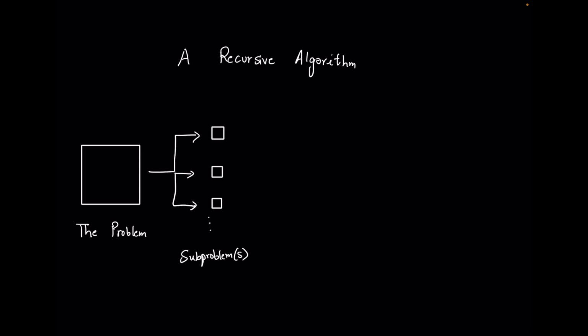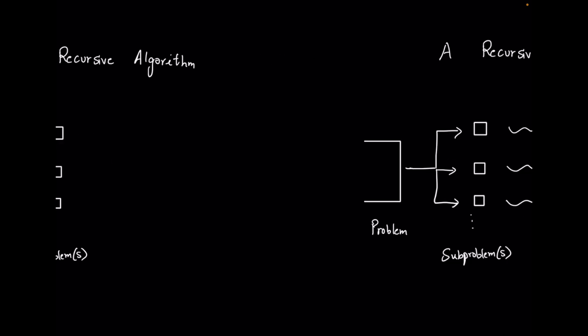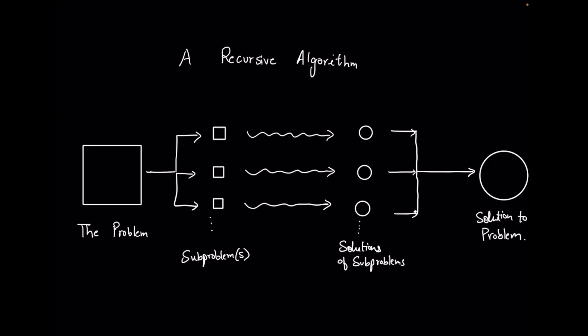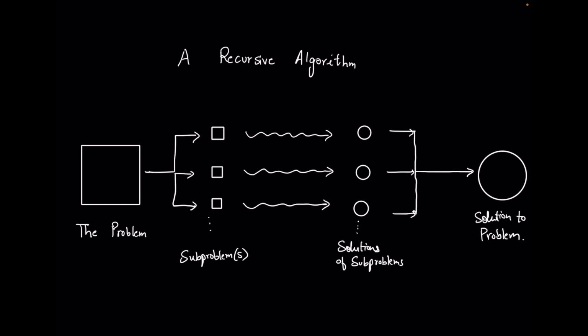After this problem is broken down into these smaller sub-problems, these sub-problems are somehow solved and the solutions of these sub-problems are obtained. Once we have the solutions of these sub-problems, the final step of the recursive algorithm is to combine these solutions to find a solution to the original problem, right? So this whole structure is the structure of any recursive algorithm.